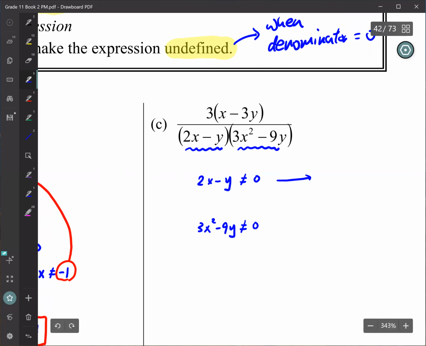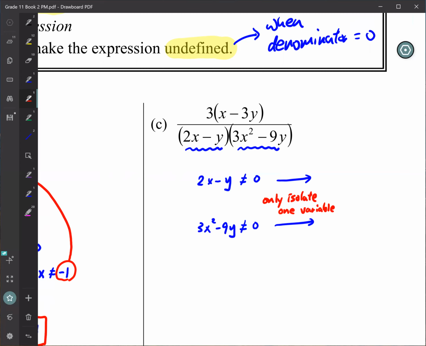Only isolate one variable. But which one should we isolate? If it's x and y, we isolate x. If it's a and b, we isolate a. So you isolate the first one in alphabetical order. If it's m and n, you isolate m.